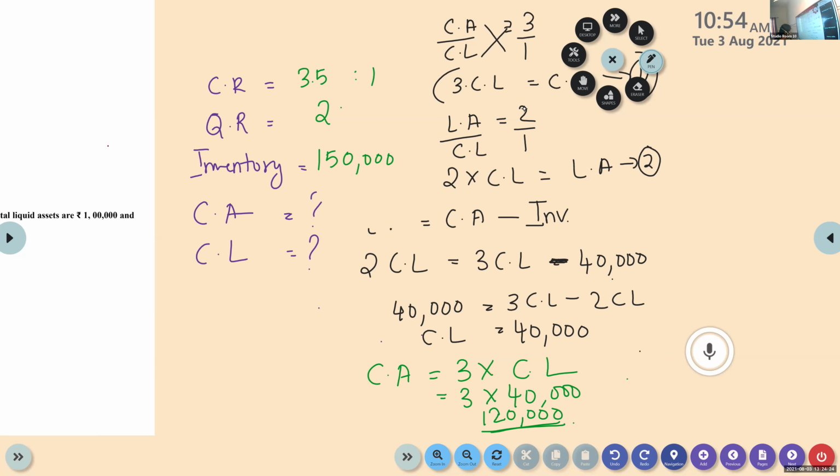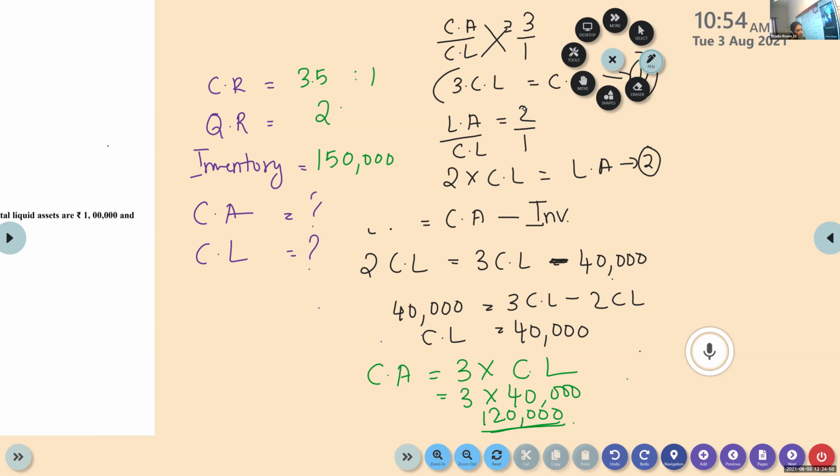Okay. Then today we discussed about current ratio and liquid ratio. These are the two ratios coming under liquidity ratios. Liquidity ratio, that means to know the short-term solvency of the business. Current ratio is current asset by current liability. Liquid ratio, also known as quick ratio, acid test ratio. The formula is liquid assets or quick assets divided by current liability.